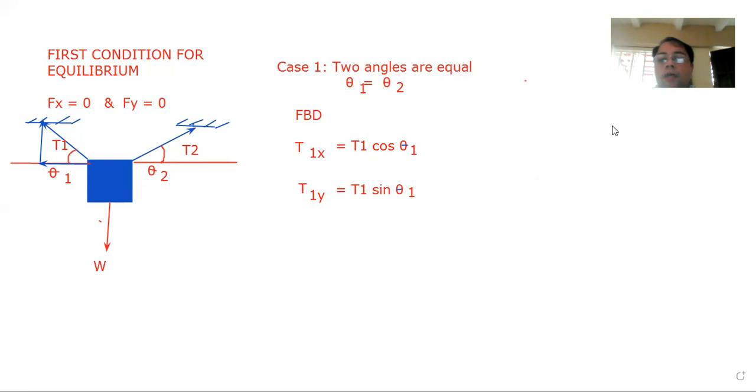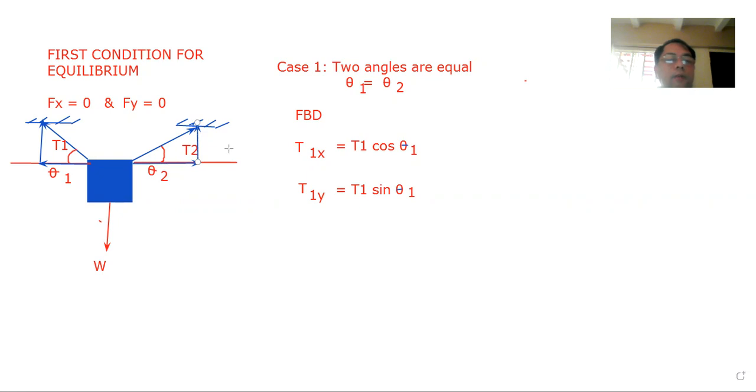So on the other end, if we have T1x and T1y on the left side, then we will have T2x, which will go right, and T2y, which will go up.